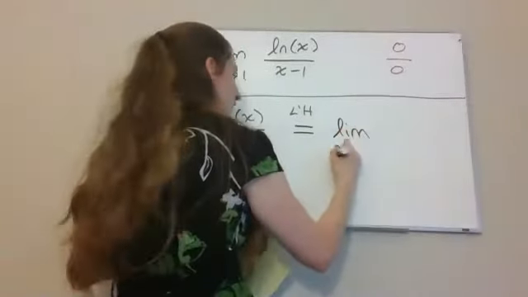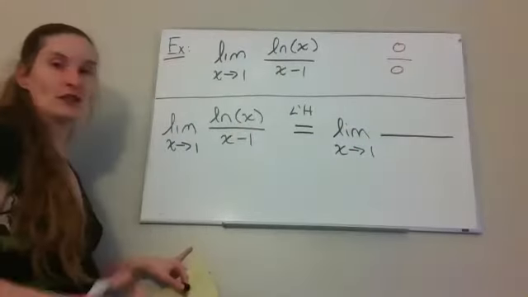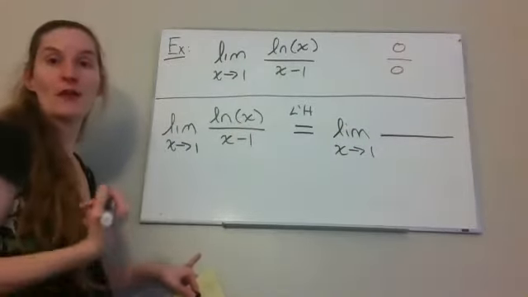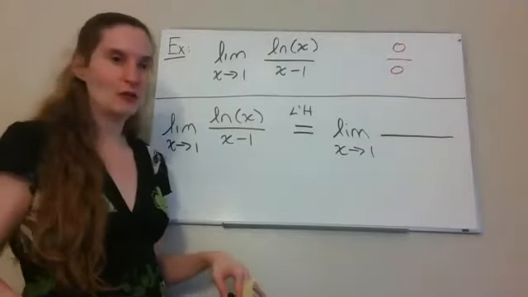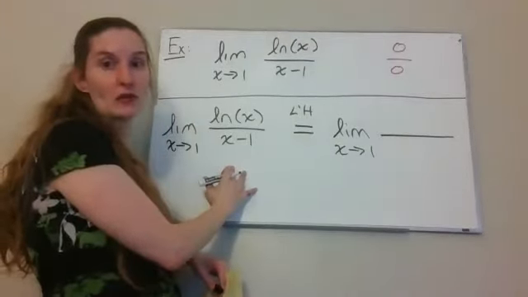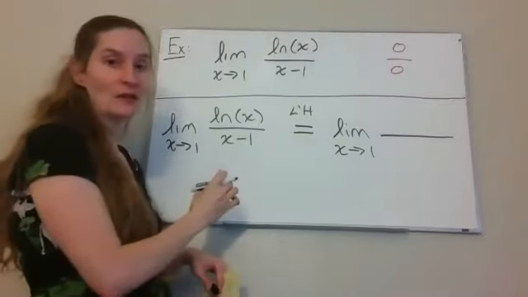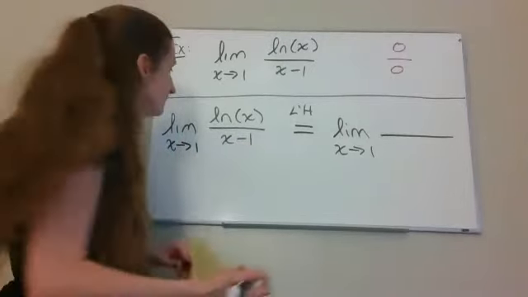This is equal to the limit as x goes to 1 of the derivative of the top over the derivative of the bottom. Now, a very common mistake when using L'Hopital's rule is that students want to do a derivative of this whole thing using a quotient rule. And that's not how this works. It's just the derivative of the top over the derivative of the bottom.